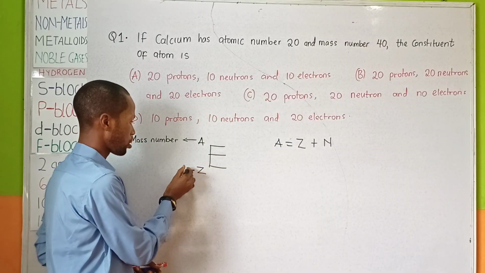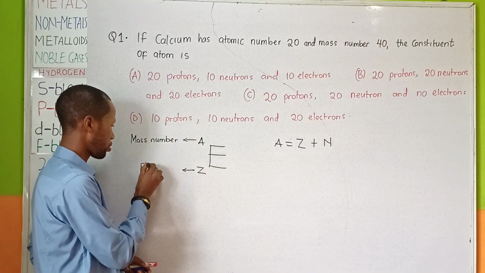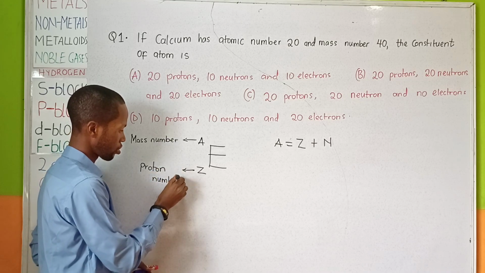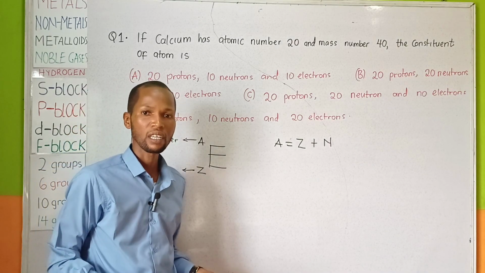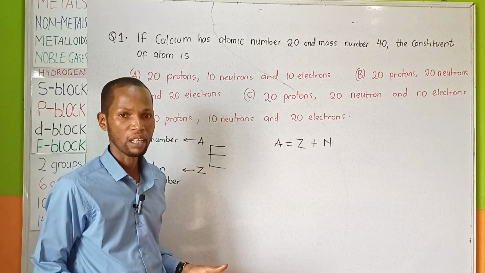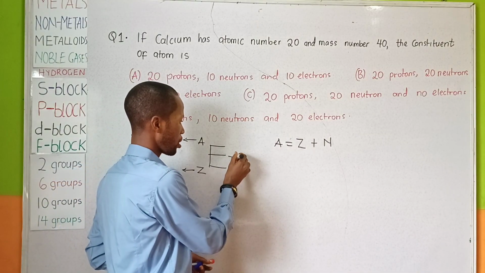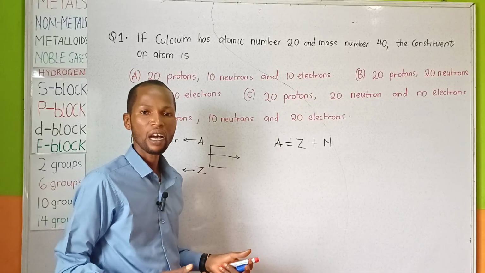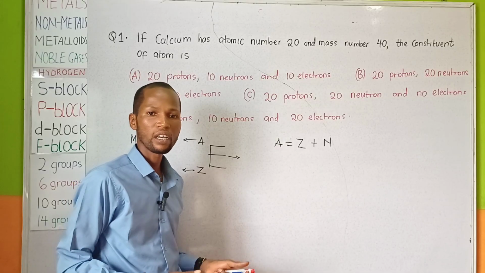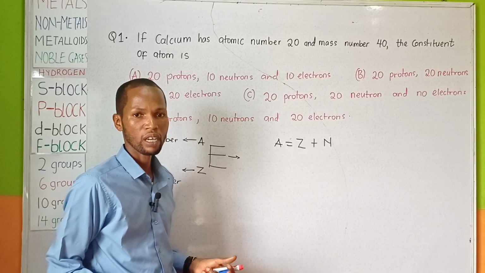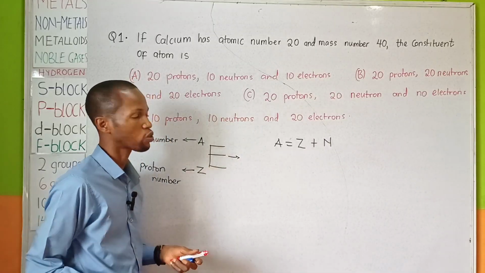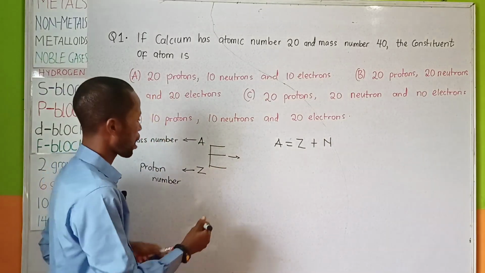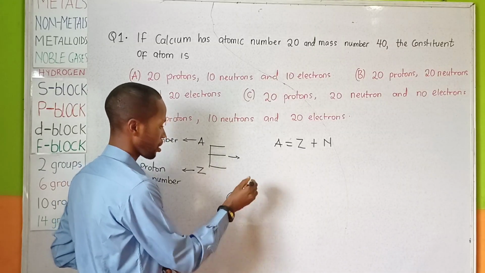Z denotes the proton number, which is the same thing as the atomic number of an element. E is the symbol representation for an element, so it can be hydrogen, helium, lithium, any element. But right here, the element we are considering is calcium. We have element calcium, Ca.